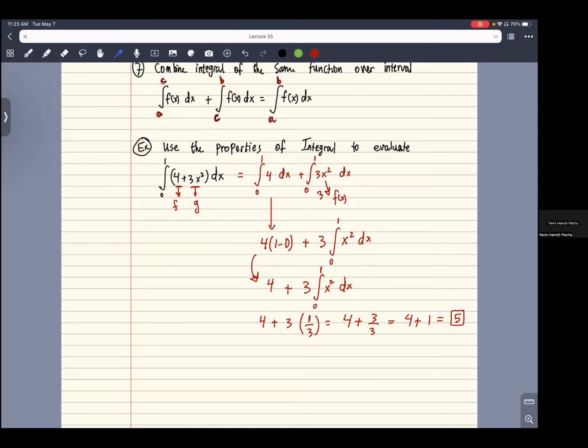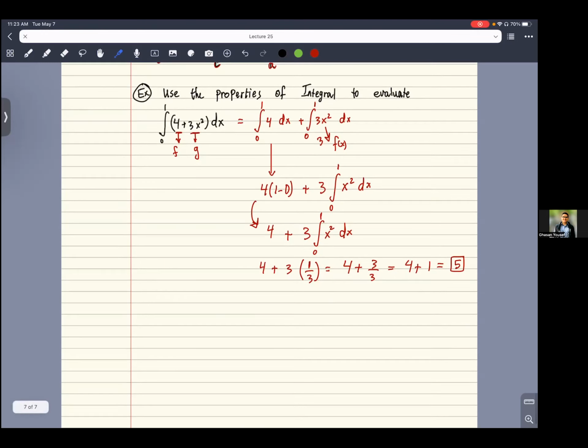How did you get 1 over 3? I found this 1 over 3 from the area in the previous section.